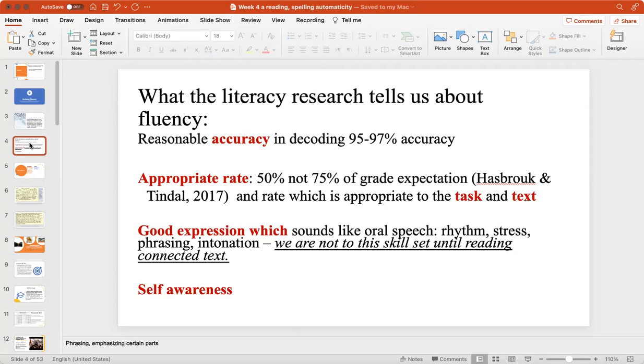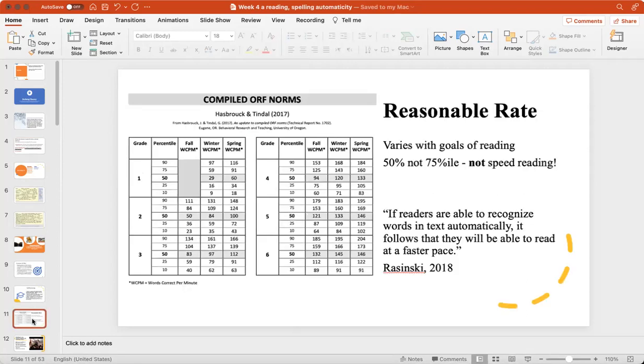There are two researchers, Hasbrook and Tindal, who have been doing excellent research in this area for years. Every so often they put out a set of norms of what you should expect students to be able to do at different grade levels. This is their most recent set.